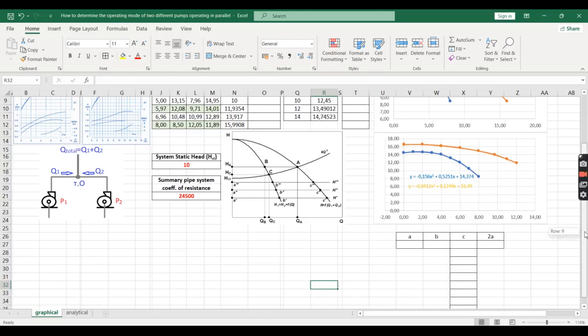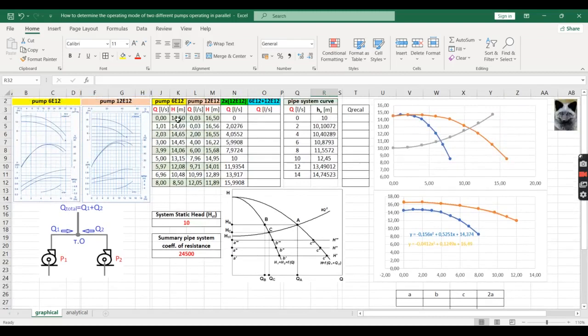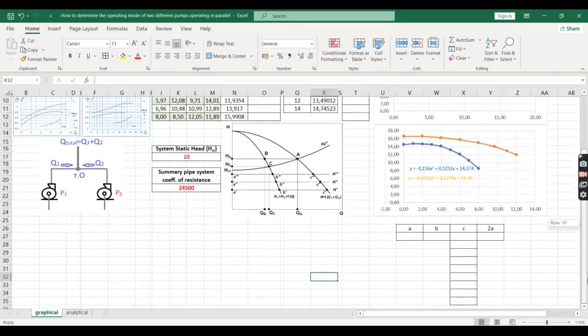And because there will be 9 different values of the head that we want to use in the recalculation of the flow rate, we will have 9 different values of the coefficient C. So let's demonstrate now how to fill this table.